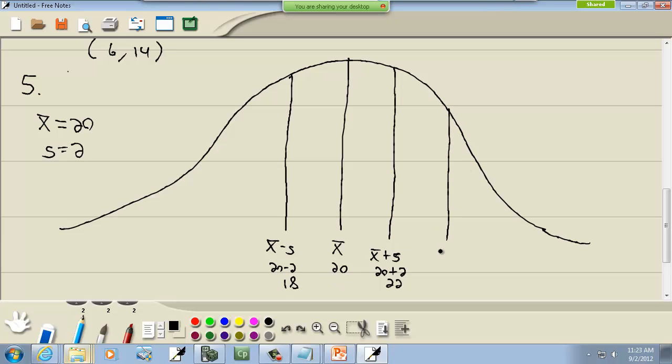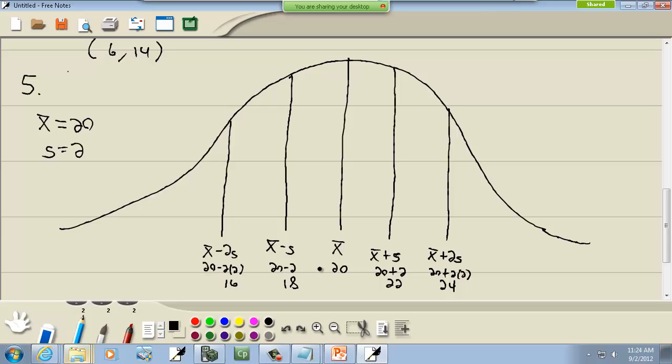Well, go another one out. This is x bar plus 2s. So we've got 20 plus 2 times 2, which gives us 24. And this one would be x bar minus 2s. This would be 20 minus 2 times 2, or 16.